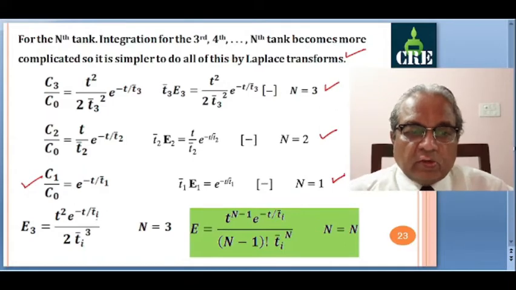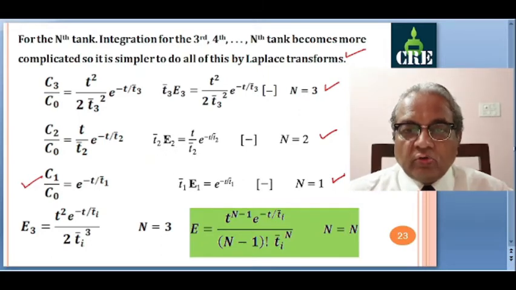Okay. Now this n is equal to nth reactor I want to write. Okay. And this E1, E2, E3 we can write as E1 will be e raised to minus T by T1 bar divided by T1 bar. Here T1 bar in the denominator. Here it will be T2 bar square in the denominator.